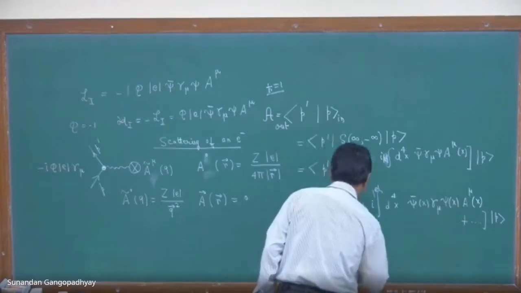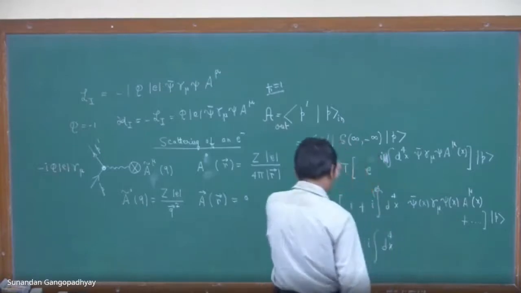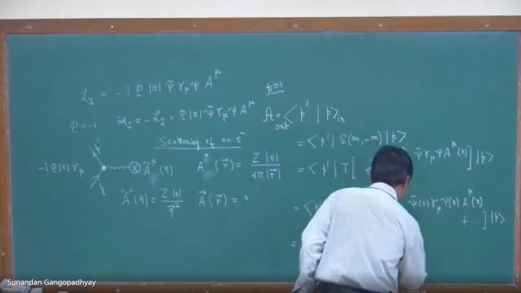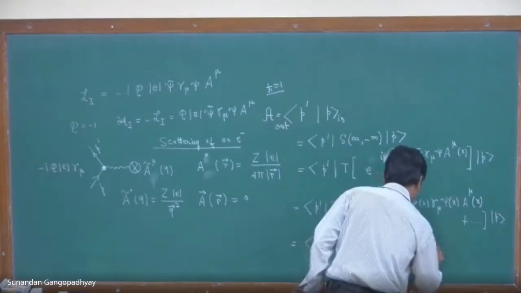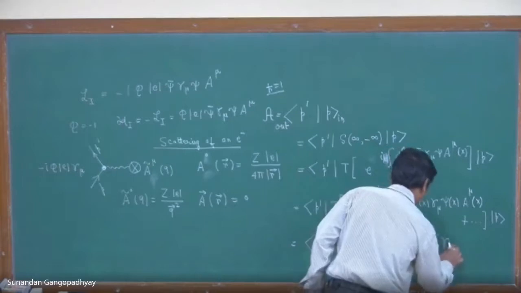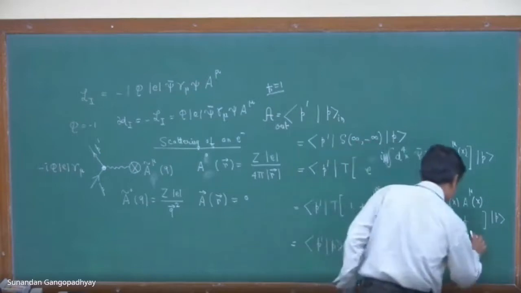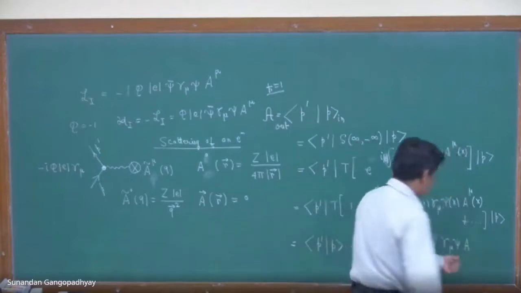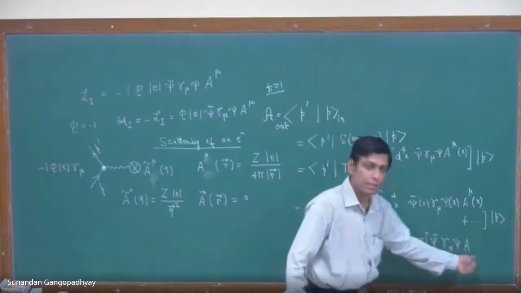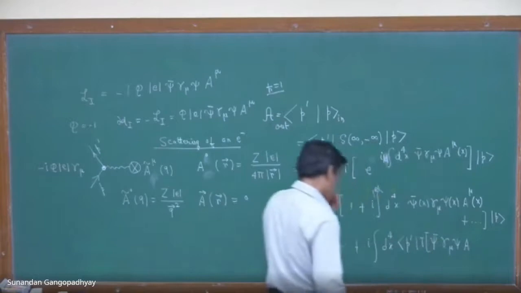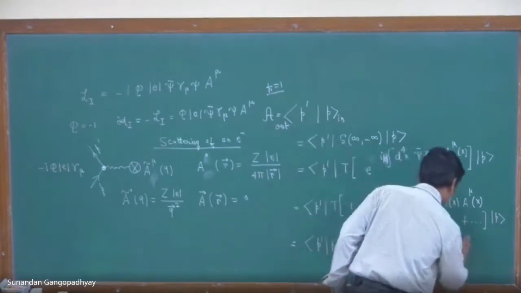We have i, then the time ordered product of psi bar. See, this is not an operator because this is a classical potential. Now you can realize the difference. I can just put it outside.